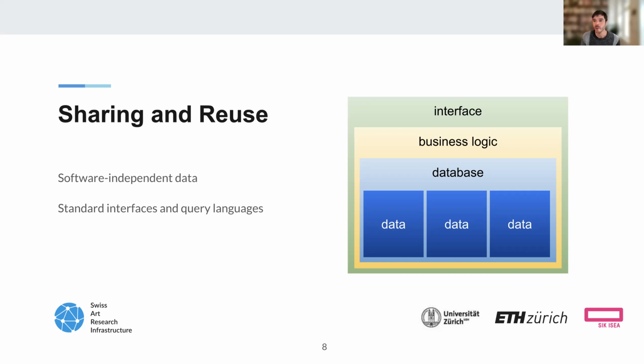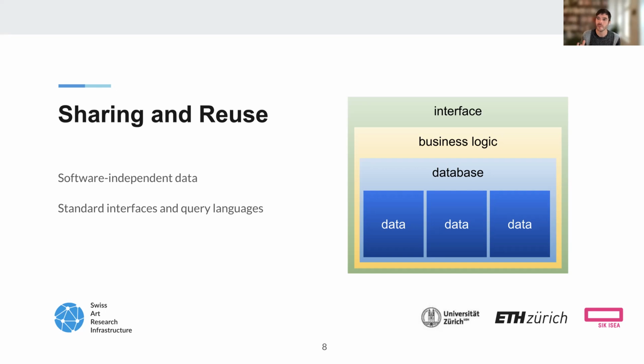And very often when you work with data, it is buried within software. So you might have a database that actually contains the data separated in different tables. You have software that connects everything together, and you have an interface, a user interface or API, with which to access it. And what it results in is that it becomes very hard to access just the data without going through the software.